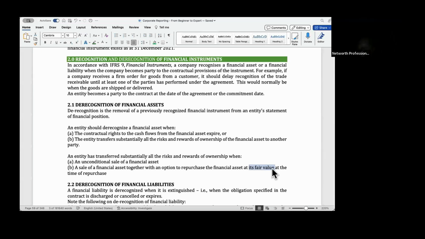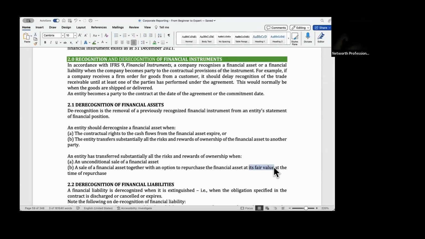And majorly why it is a sale is because you are going to buy it back or repurchase it at fair value. If you are the one that is fixing the price, that, okay, I'm selling this thing to you, but I'll buy it back at 17 naira or at 18 naira, that one, you have not sold it.